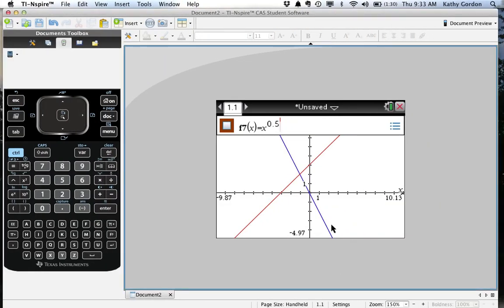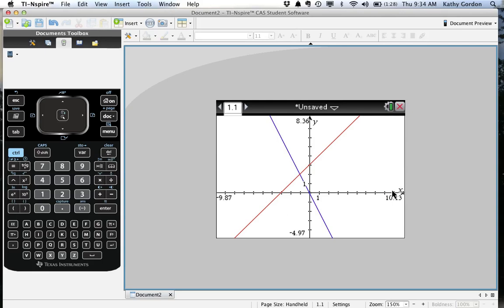So here we have our negative 2x. There we go. So here's our negative 2x, the blue one, and our red one is the x plus 3 line. Okay?